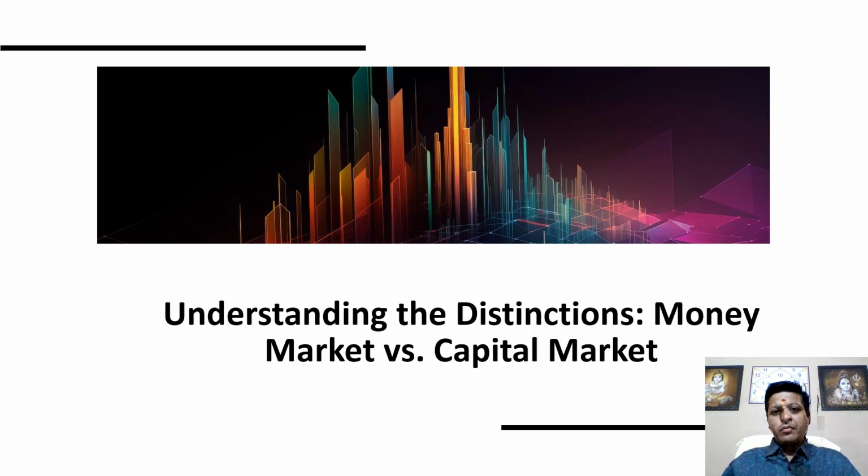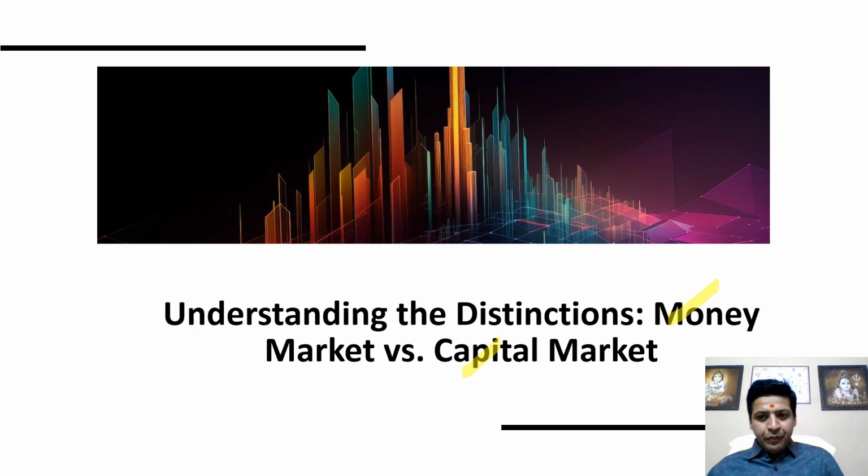Moving ahead, the next very important point is understanding money market versus capital market. We have understood the time value, how these things differ from one another, and how we have to find whether your options are correct or not. So we have to understand the money market and the capital market.